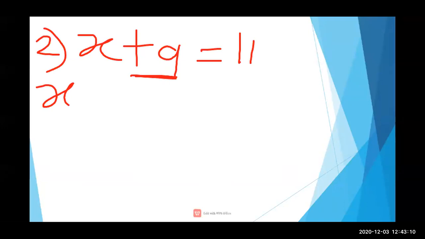Very good. We will write minus 9. Where do I have to write minus 9? On both the sides. Very good. So here plus 9 as it is, I will write. After that, I will write minus 9.